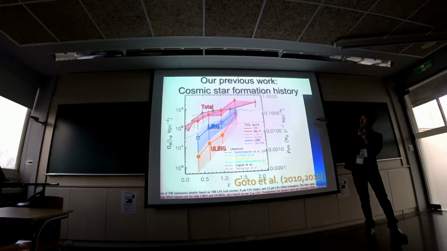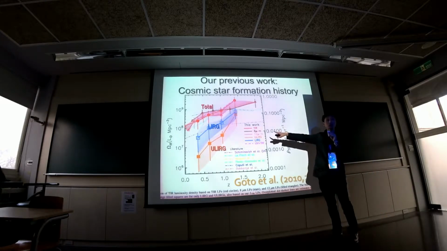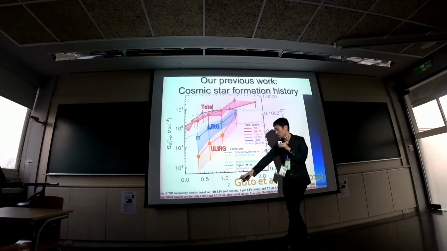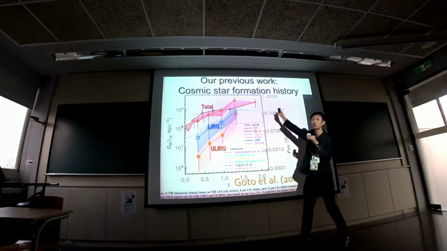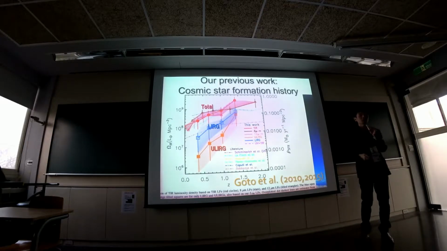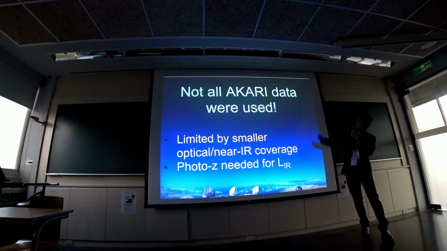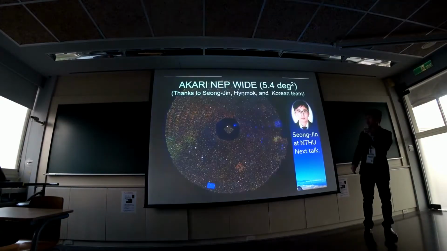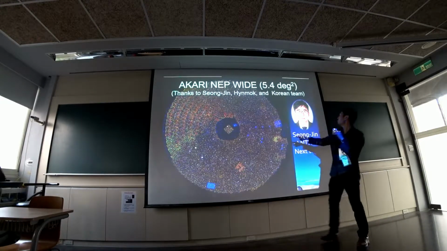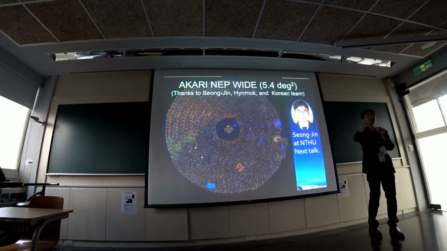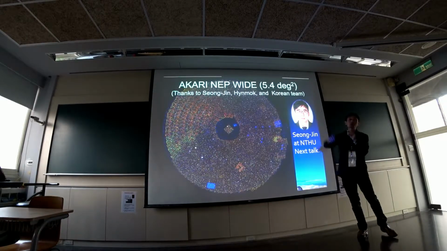Then we used this data previously, and wrote a paper about cosmic star formation history. This is the cosmic star formation rate density as a function of redshift gradually going up. But this previous work had a problem. This was only using part of the AKARI data. What I mean is, this is the AKARI data. This was reduced by Kim. He's the next speaker in this session. This is 5.4 square degrees.